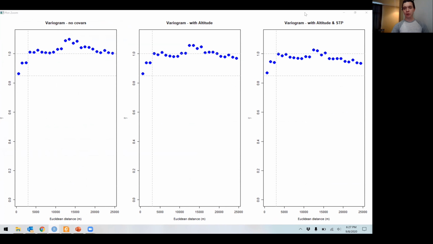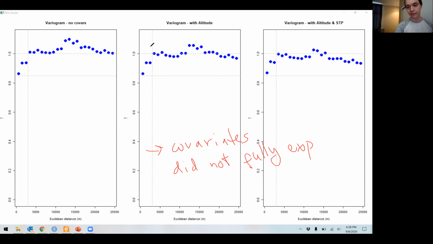And this is important because this means that covariates did not fully explain the spatial pattern, the spatial clustering.